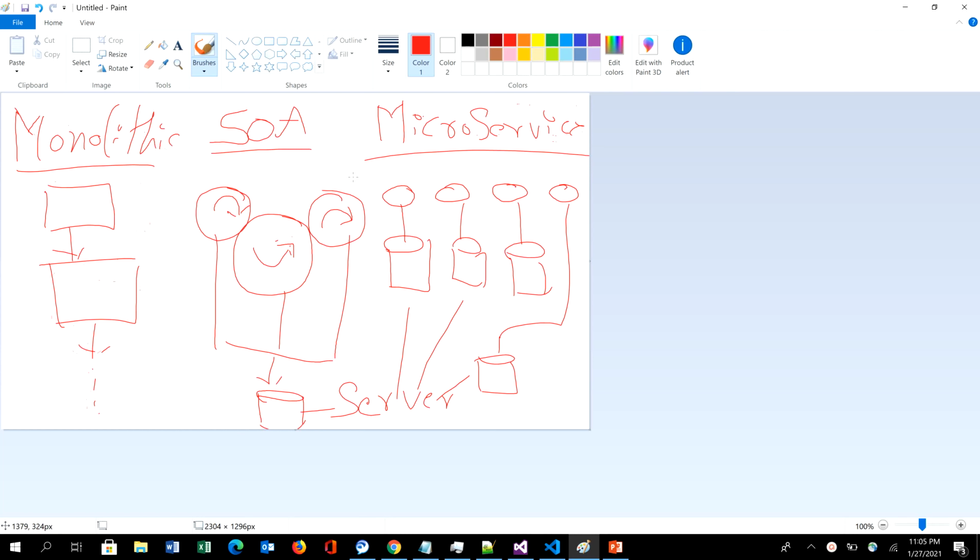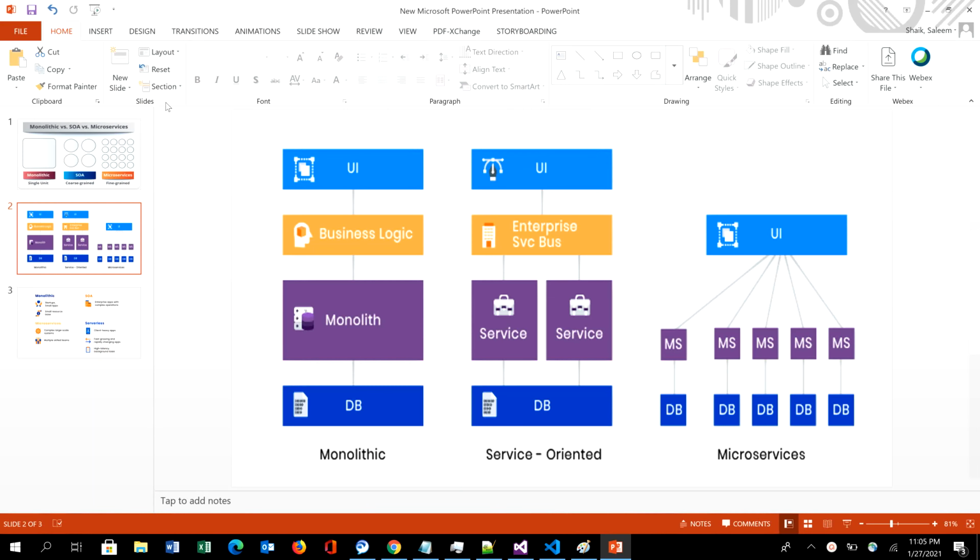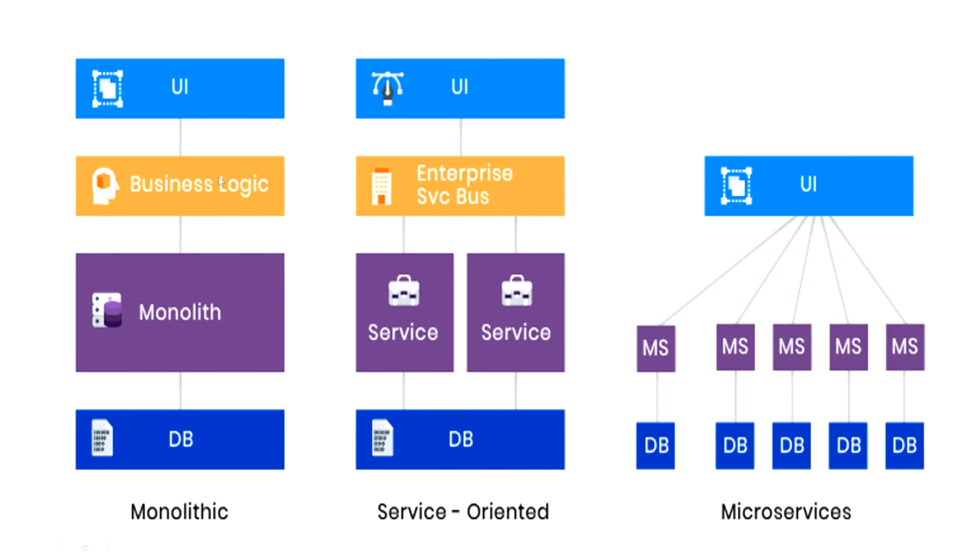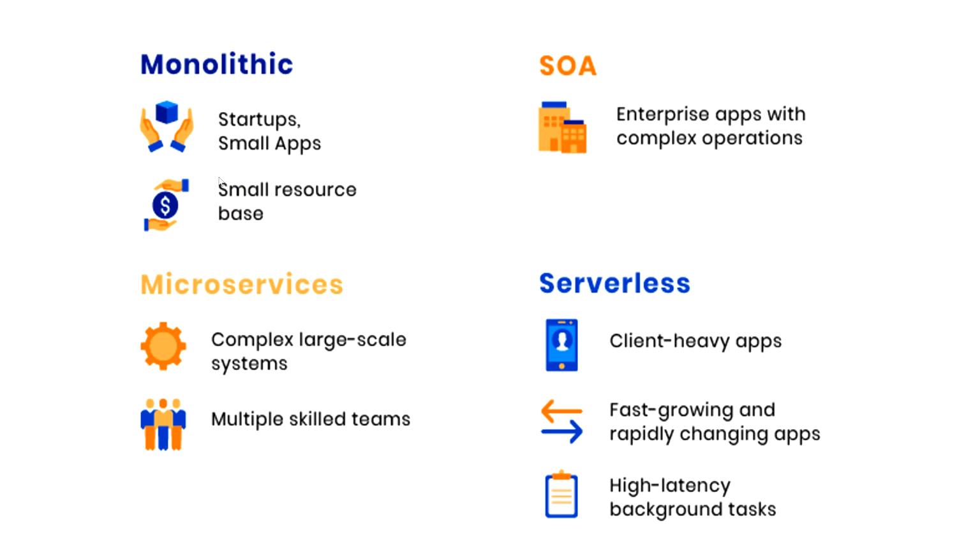In the market, the monolithic approach is still going on because of its simplicity of developing code. It's not that the others are not important, but monolithic has its own platform.